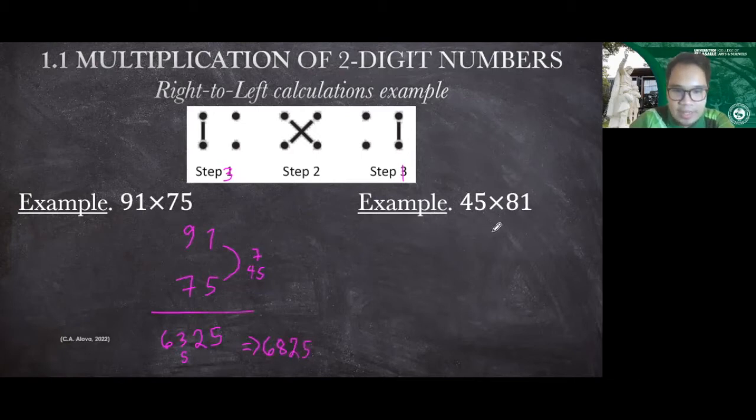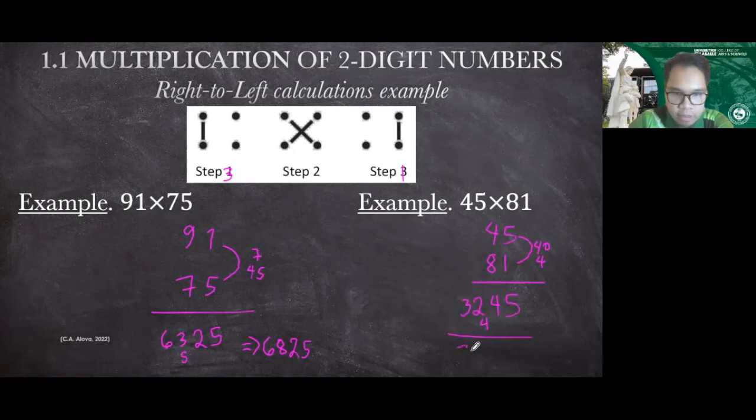Okay, here let's have 45 times 81. Let's do it from right to left this time. 5 times 1 is 5. 4 times 1 is 4. You add that to the product of 8 times 5, which is 40. So we have 44. We're going to put the 4 here as a carry. 4 here will be on the tens digit. And 8 times 4 is going to give us 32. Fix the carries.